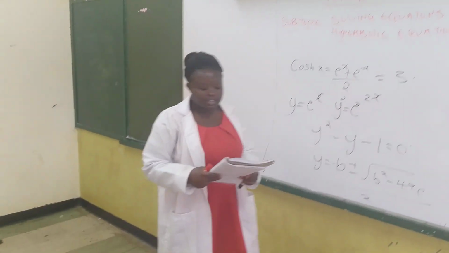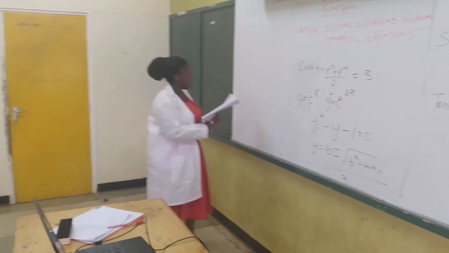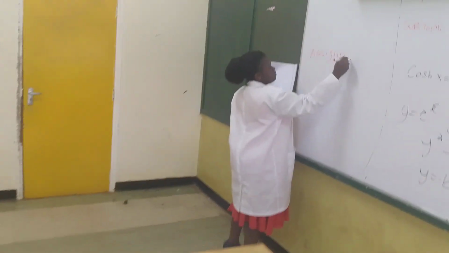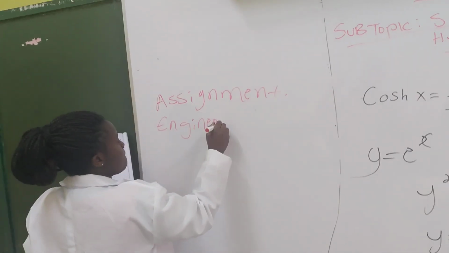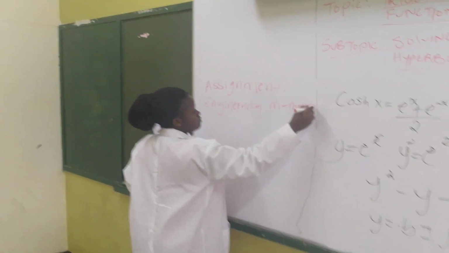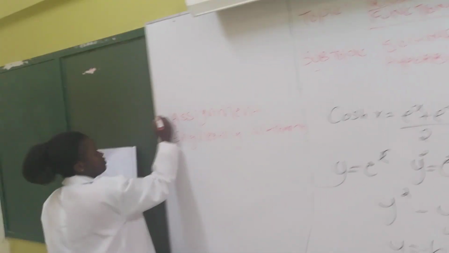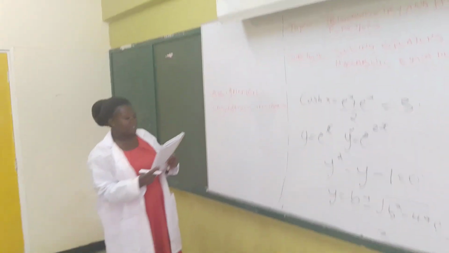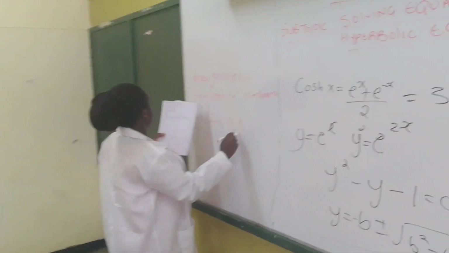A chain hangs in the form given by, we get this equation in engineering mathematics, y equals 40 sinh of x over 40.